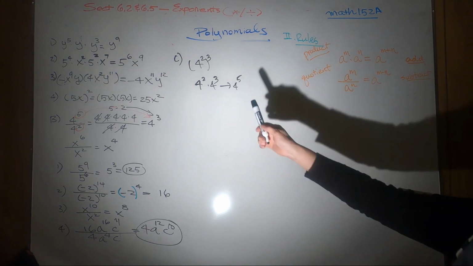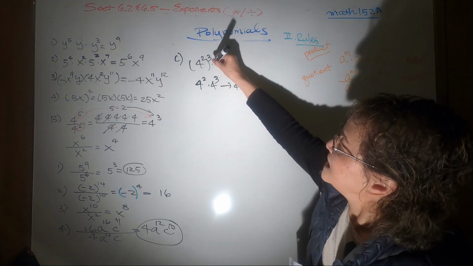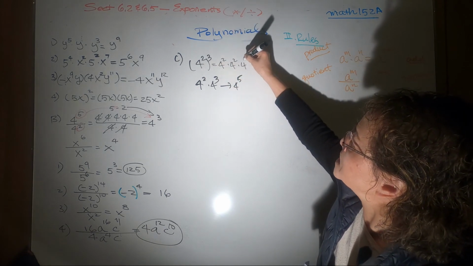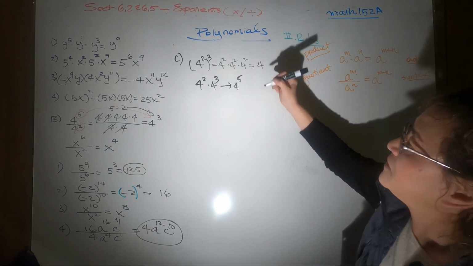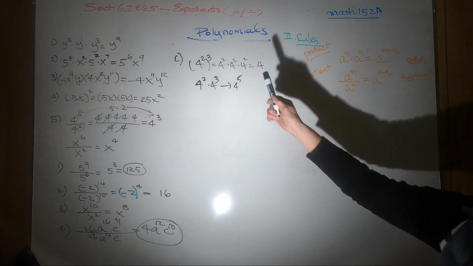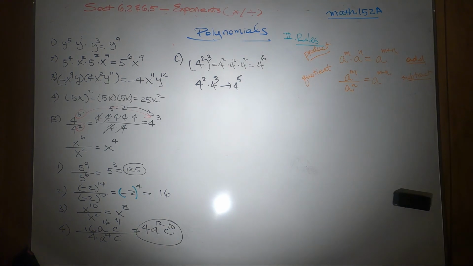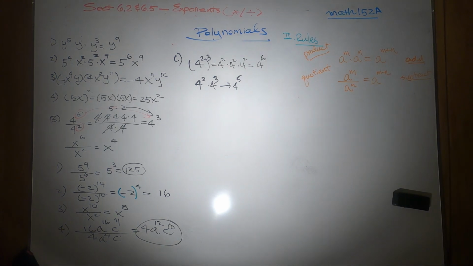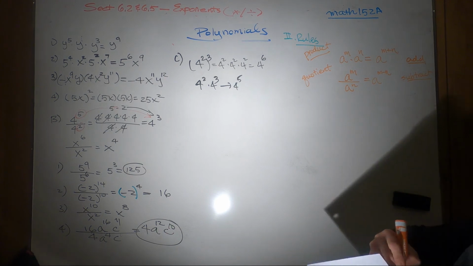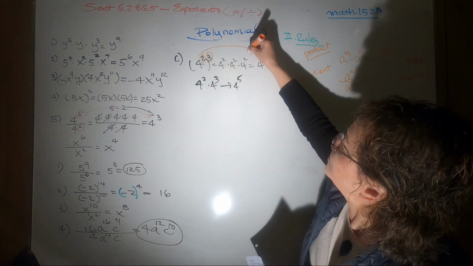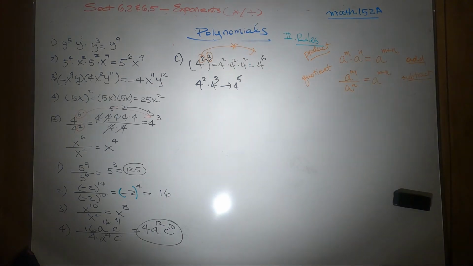Base is 4 squared itself. Then you have to multiply 4 squared 3 times. How many 4s you have? 2 and 2 and 2. Total is what? 6. How can you get a 6 directly from previous numbers, 2 and 3? You need to multiply them. Is that right?